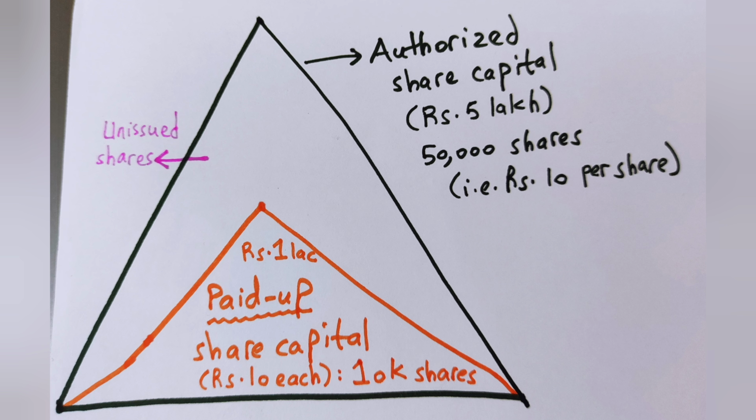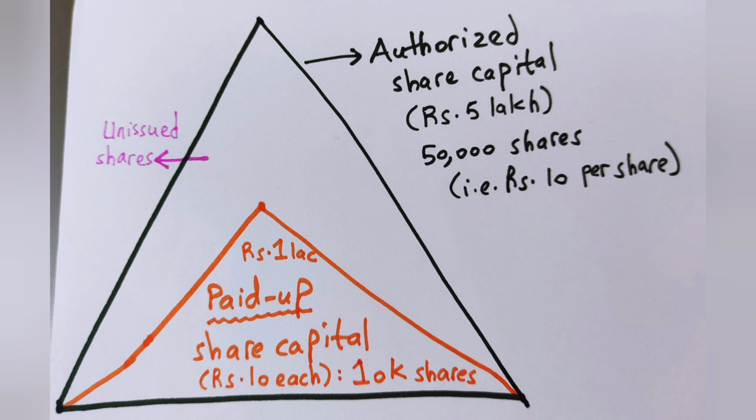However, just remember that the orange triangle is not of our concern at the moment. The remaining area that is covered within the black triangle is basically representing unissued shares. That's what I've written in pink. I am not very sure if it's visible, but the words written in pink are simply unissued shares, okay?